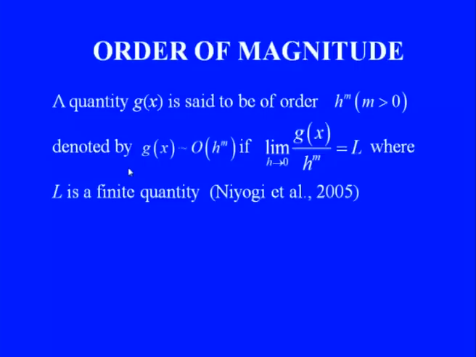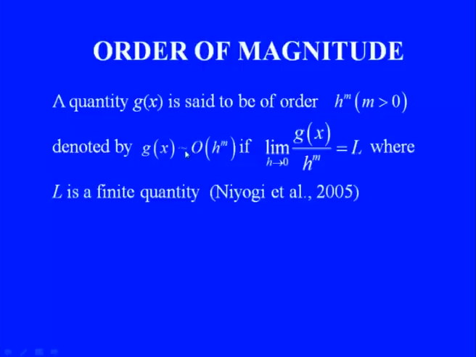Now, this order of magnitude is what we would use when we specify the truncation error or the order of accuracy. So, what do we mean by order of magnitude? Let us say that we have a quantity g(x), a function g of x. It is said to be of the order h to the power m, where m is greater than 0.